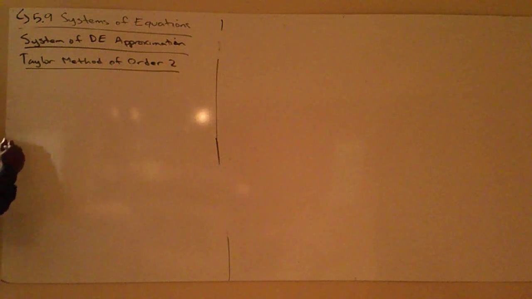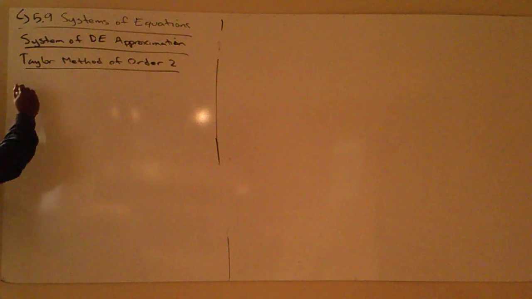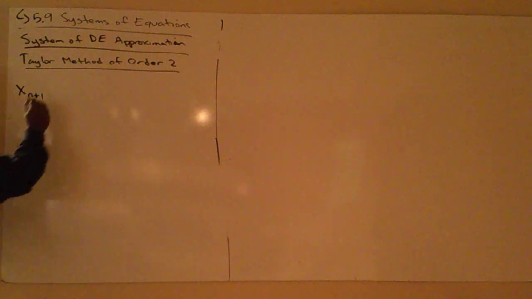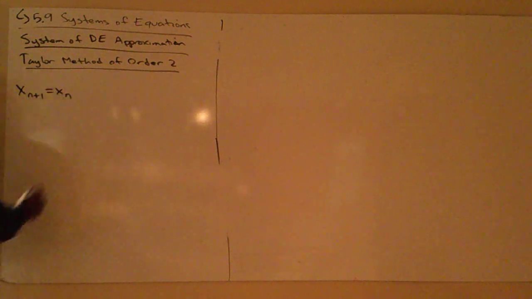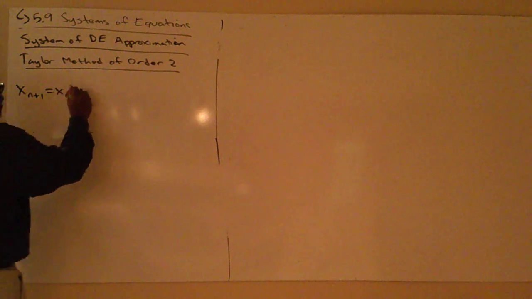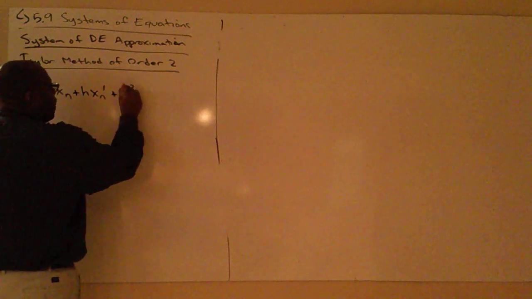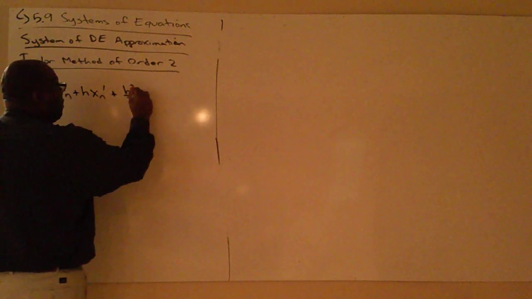Very straightforward. Suppose I have x sub n plus 1 equal to x sub n plus h x sub n prime plus h squared over 2 x sub n double prime.